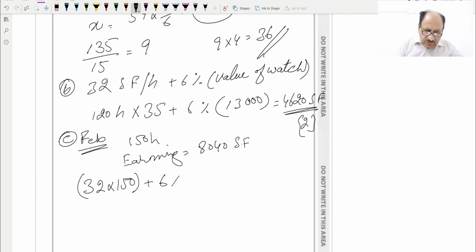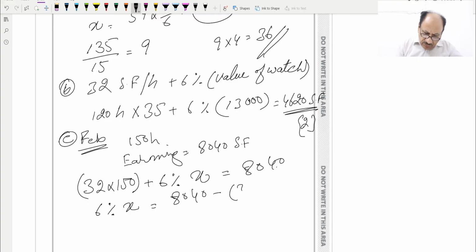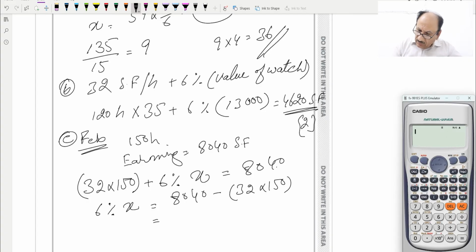So plus 6% of some amount which we don't know, and this is adding up to 8040, and we need to calculate. So we can calculate 6% of x is equal to 8040 minus 32 into 150. We can write 8040 minus in brackets 32 into 150.